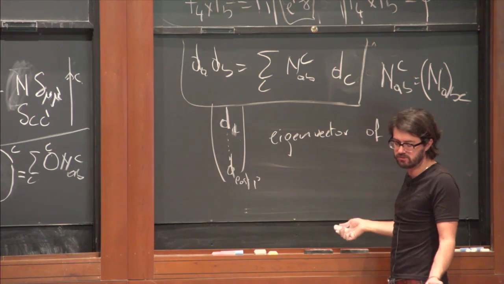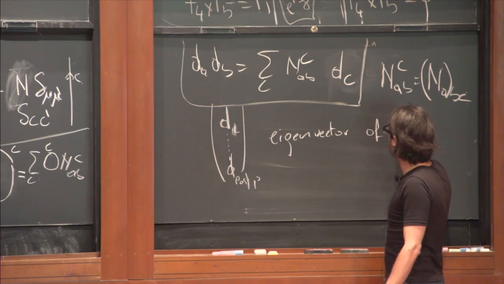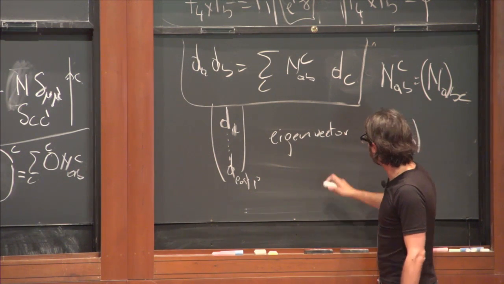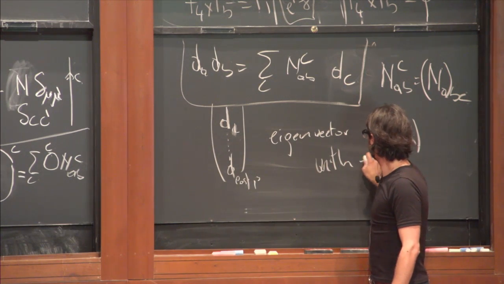So we knew that the matrices have common eigenvectors, but this is an eigenvector of N_A with eigenvalue dA.